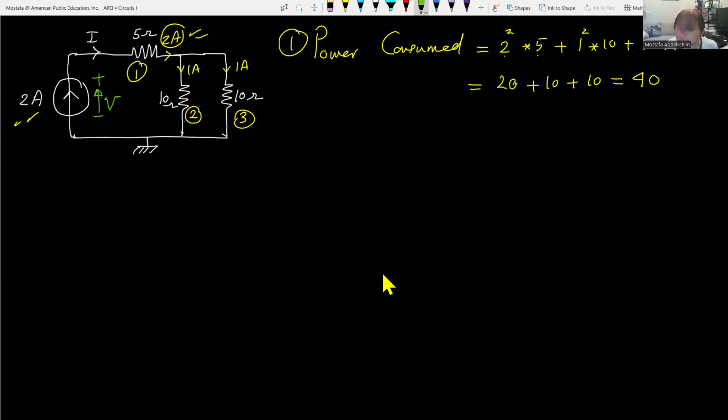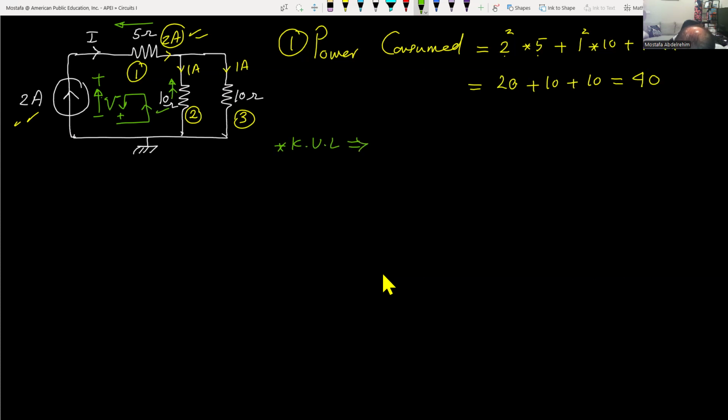So let's find it. I'm gonna apply KVL in that loop here. Anything in our direction will be positive, anything opposite to our direction will be negative. So we have here the voltage of the resistances like that, and here the voltage of the resistances like that. This resistance here, its voltage is in the same direction as the positive voltage.